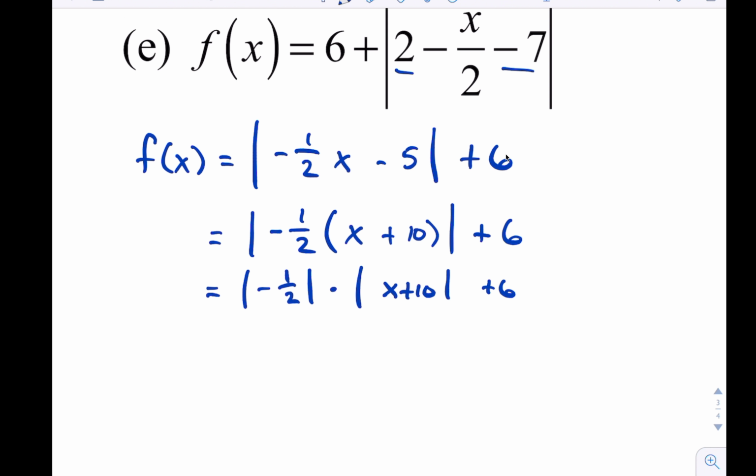So what I just wrote there is the same thing as the line above it, but now when I simplify it, the absolute value of negative a half actually just becomes positive a half. Okay, and that's actually what I'm going to draw here for my graph. All right. Now the reason that me getting rid of the negative isn't that important here is because an absolute value function is an even function.